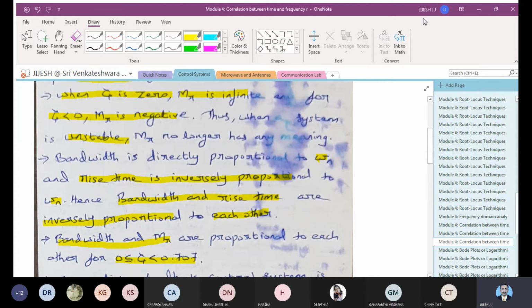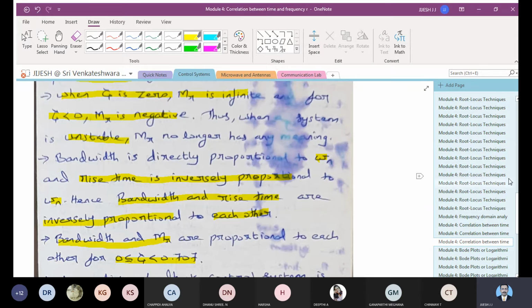So you can understand these points where the system goes to stability and when the system is unstable, as we have seen that for zeta equal to 0, MR is infinite, or for zeta less than 0, it goes negative. You get an unstable system and MR has no meaning there.